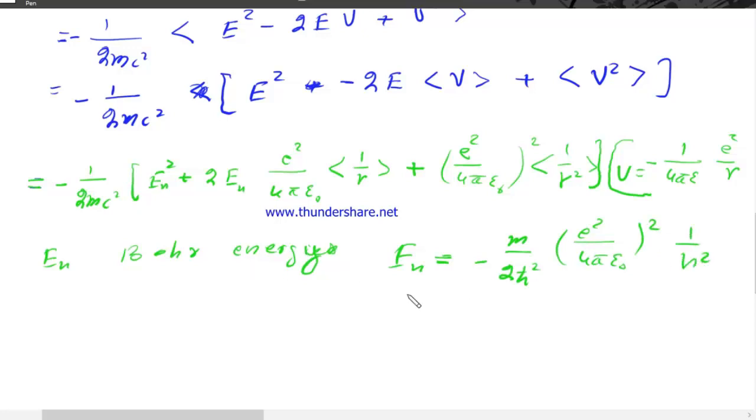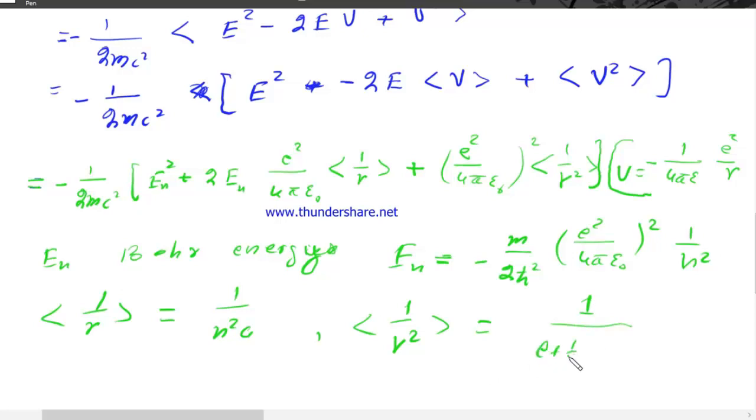This is the Bohr energy. And now the expectation of 1 over r is equal to 1 over n square a, and the expectation of 1 over r square is equal to 1 over l plus half, n cube a square.